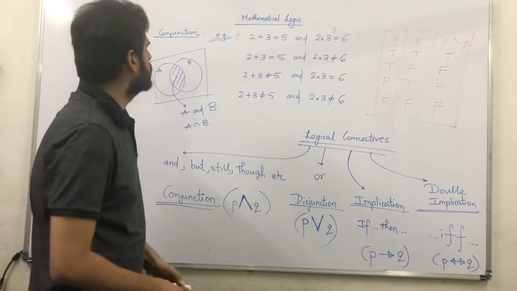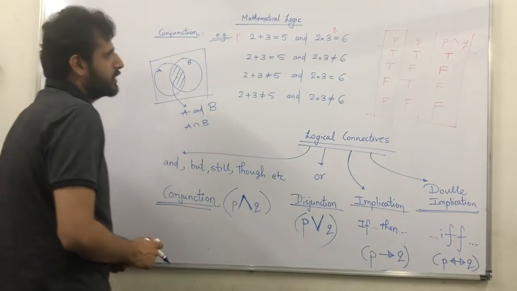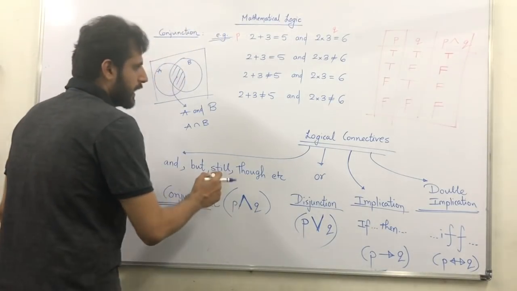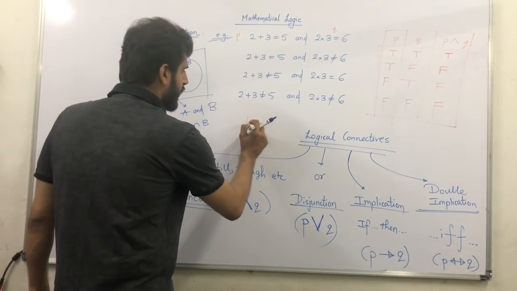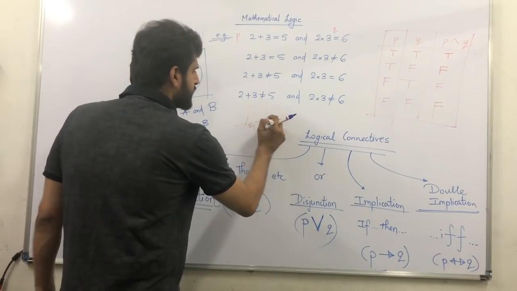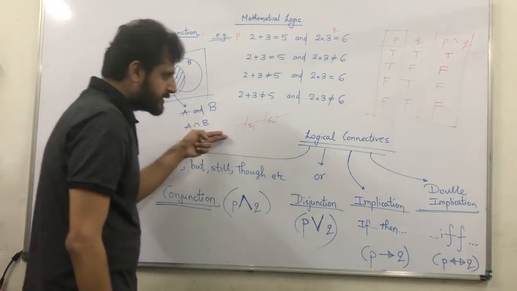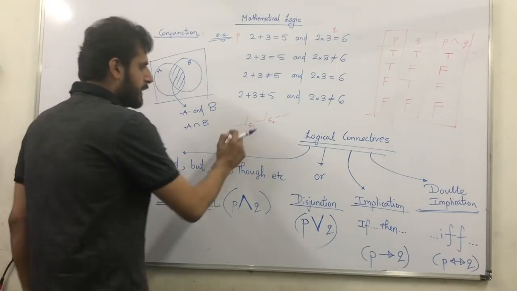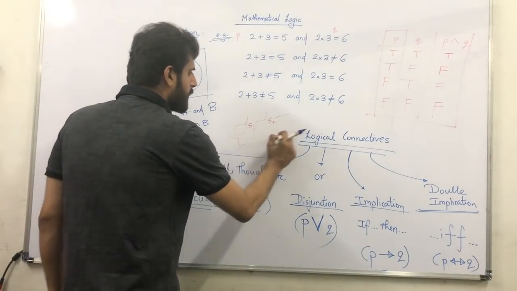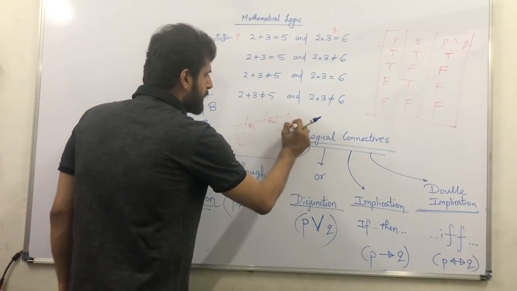One more thing which you can relate conjunction to is the switching circuit, where you have switches connected in series. When will the circuit be on? When will the lamp which is connected on the other side of the network be glowing?